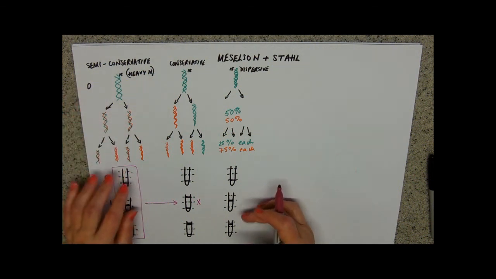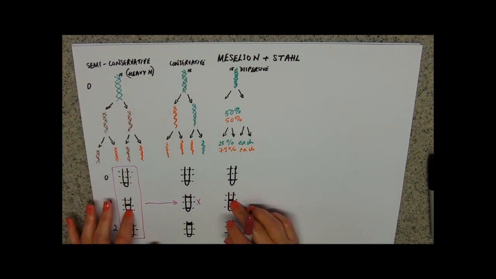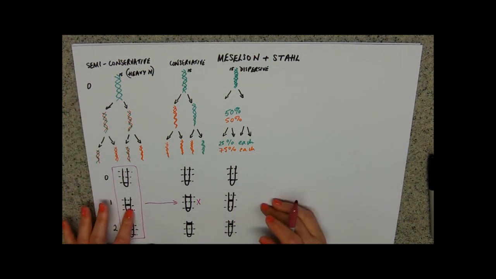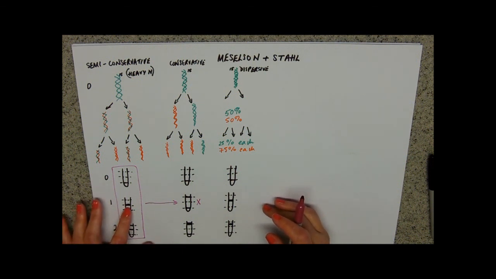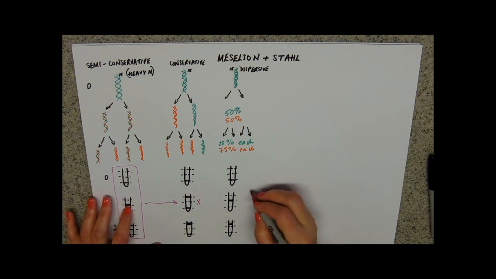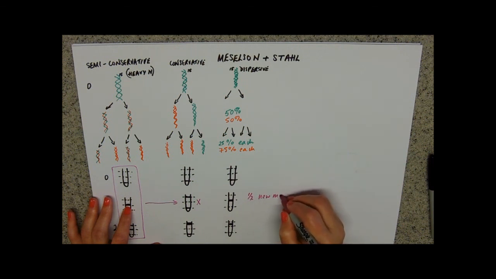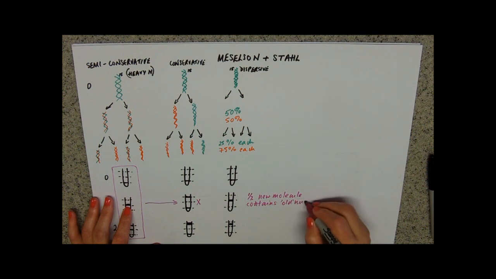Doesn't tell you whether it's dispersive or whether it's been broken down the middle, but it does suggest that half of our new molecule contains old (in brackets) nucleotides.